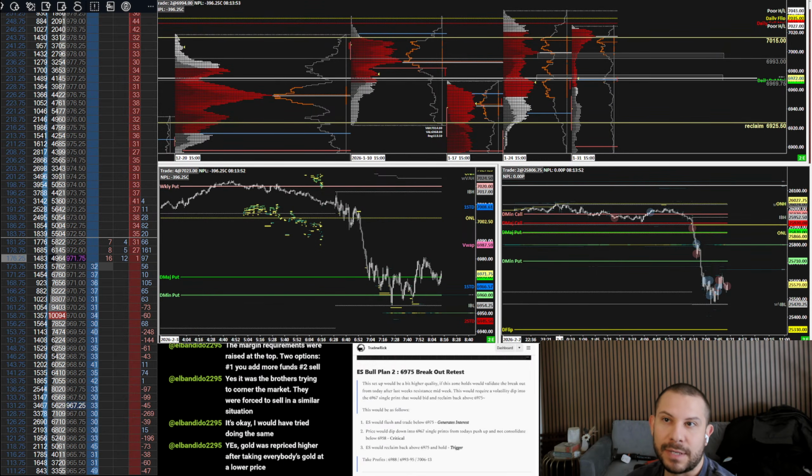Yeah, exactly. They took everyone's gold, whatever you want to call it, and then they raised the price for their benefit. It's no different. The only difference is the person doing it, the entity. Could be two brothers, an investment banker, the government, funds, whatever.